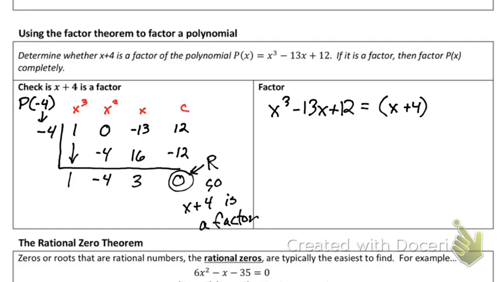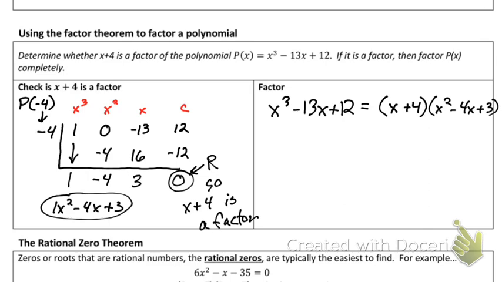David, I would agree with that. And that comes from our quotient. All David did is he looked at this part and said this is just 1x squared minus 4x plus 3. That's my quotient.